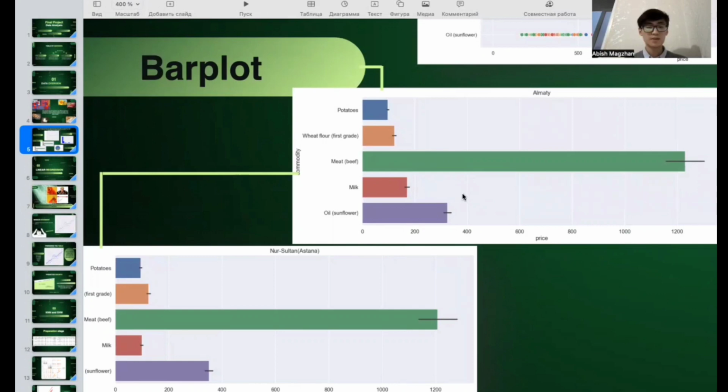Almaty has higher milk prices than Nur-Sultan, which has noticeably higher meat prices. Over the 15 years this trend has continued steadily, and the cost of beef generally averages around 1,100 tenge across the cities.